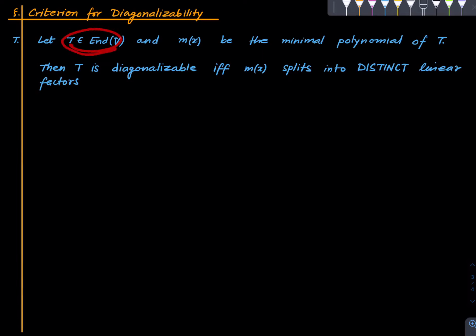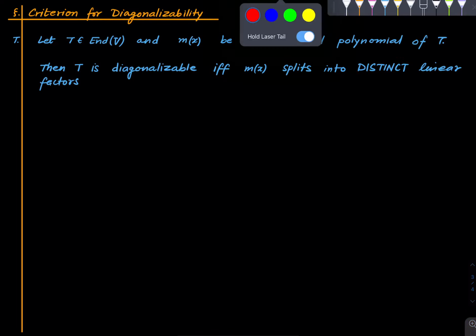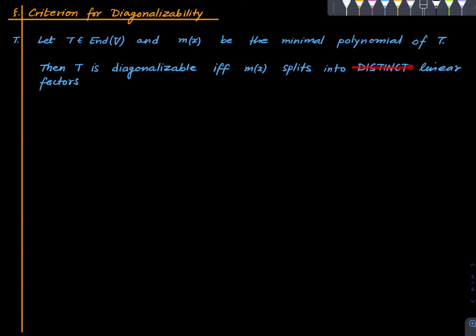So fix an endomorphism T on a vector space V, and let's say m_T(x) is the minimal polynomial of T. Then the endomorphism is diagonalizable if and only if the minimal polynomial splits into distinct linear factors. If we strike out the word distinct, then what we get is the criterion for upper triangulability. So with this stronger adjective in front, we get diagonalizability.